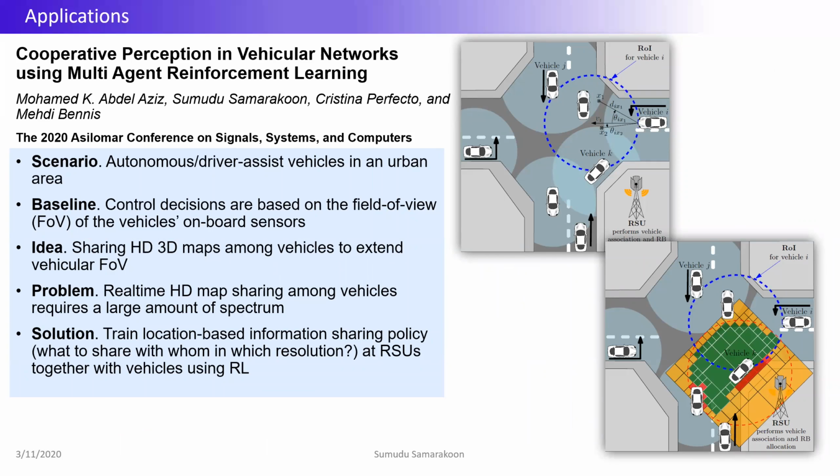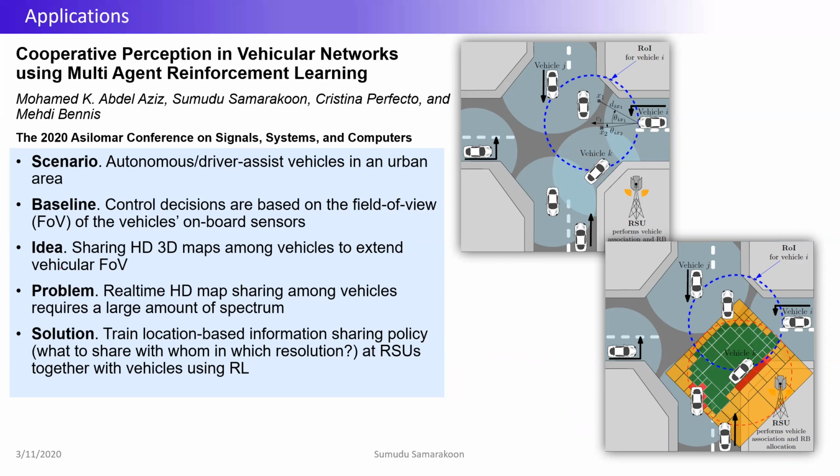The last example is again for the vehicular network. Here, the scenario is focused on autonomous or driver-assisted vehicles. The control decisions at each vehicle are based on the field of view of the vehicle, and this field of view is defined in terms of the sensors integrated in the vehicle.